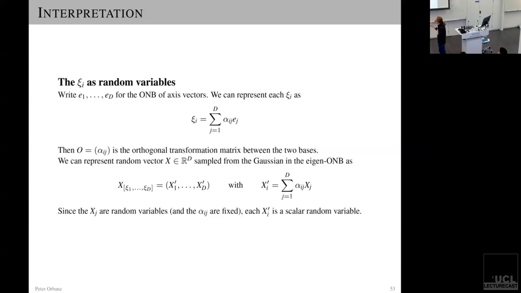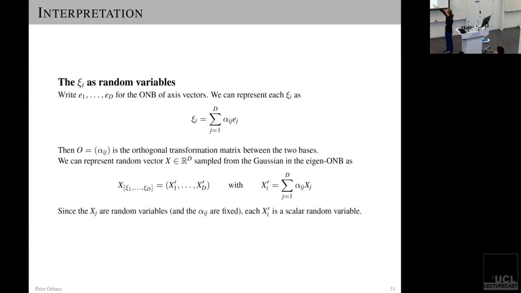The E1 through ED here are the standard coordinate vectors in the Cartesian system, the ones that have one entry that's 1 and 0 everywhere else. That is the standard basis of my space. So each of these vectors can be represented in that basis, and I can write it this way.